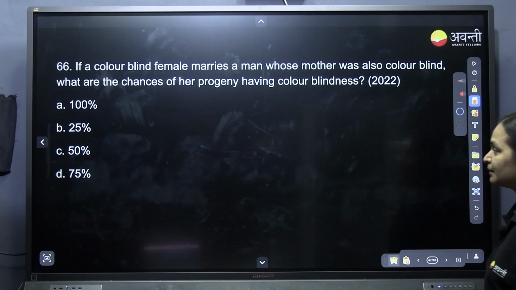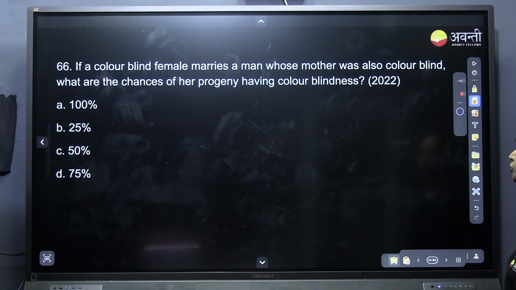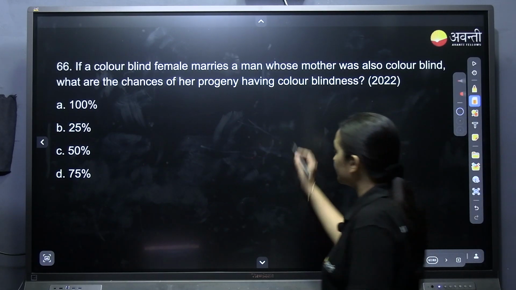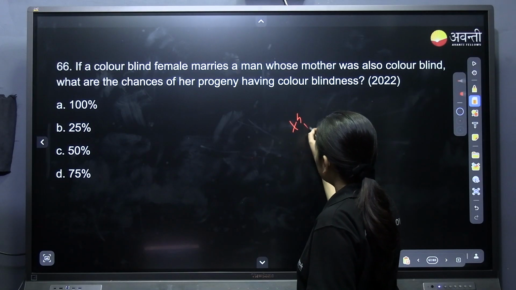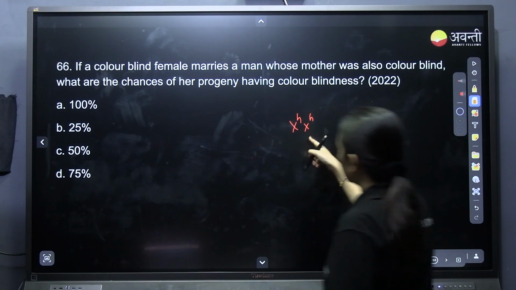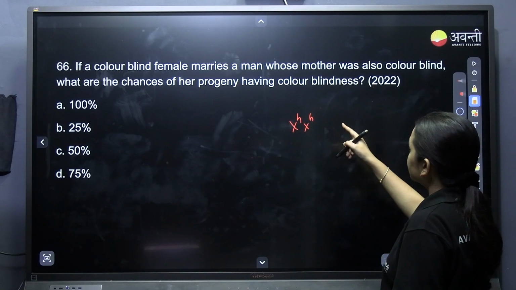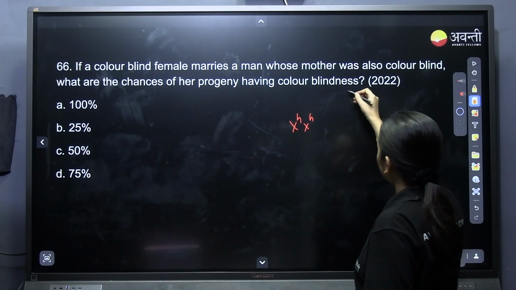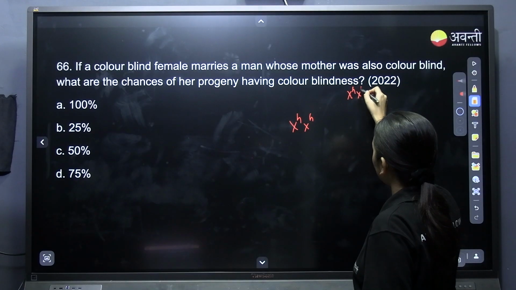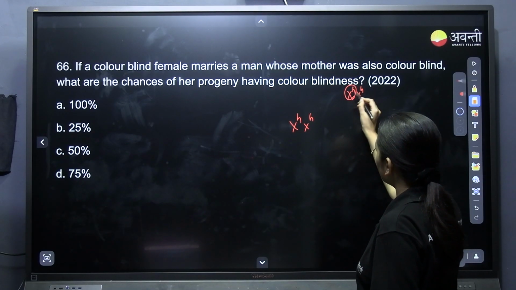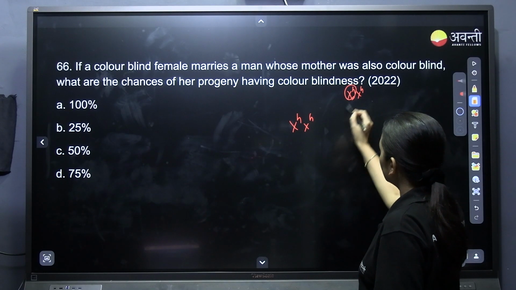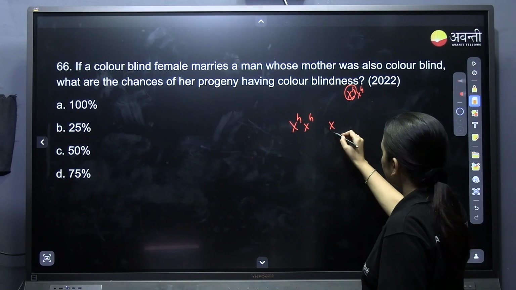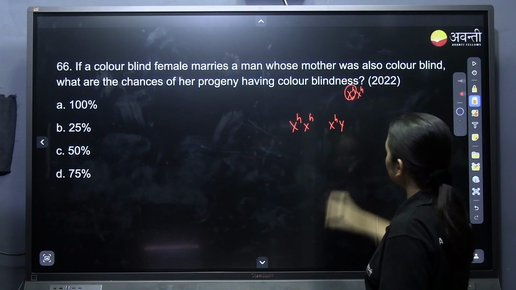If a colorblind female, which means she is XHXH, marries a man whose mother was also colorblind, then his mother will definitely give one of these X chromosomes to her son, which means he is also colorblind.